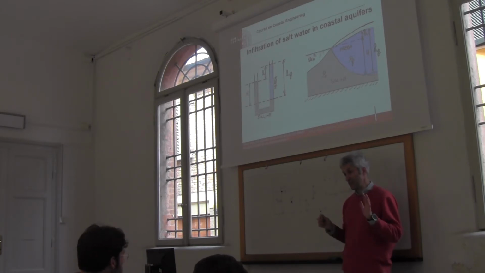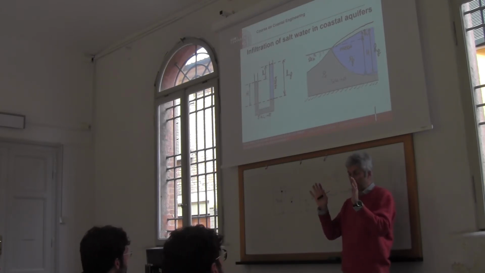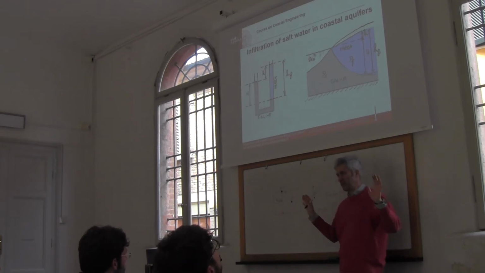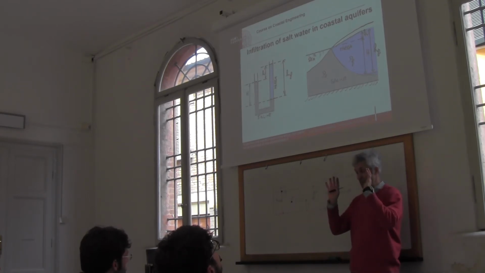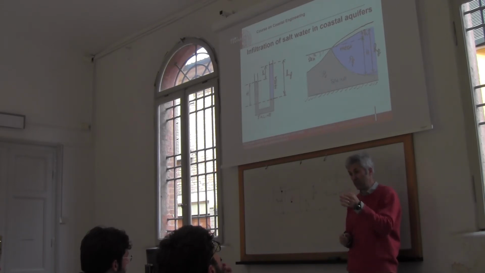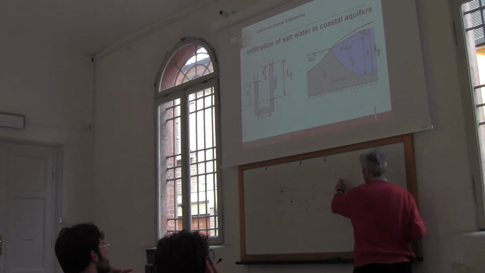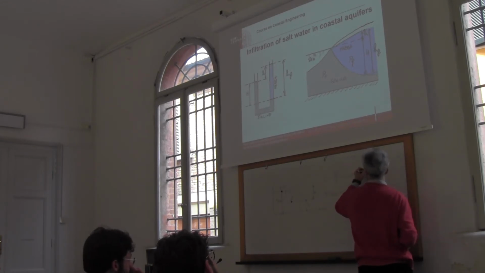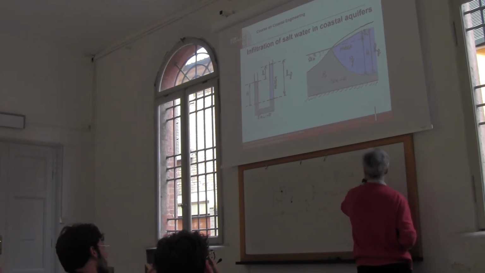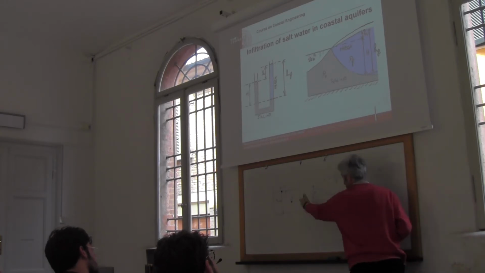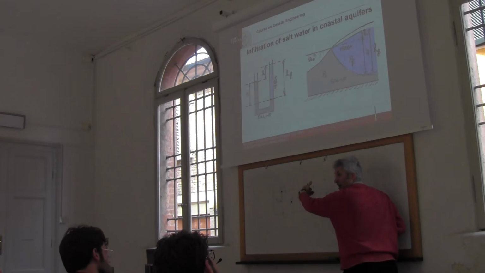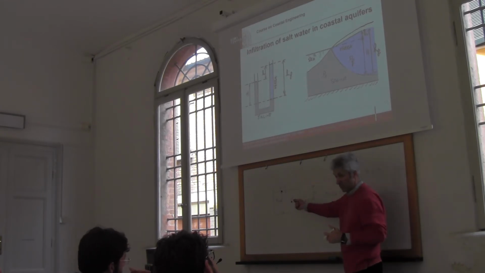But what matters is that in any case, apart from any convention, from any agreement on the reference level, you have to remember that the pressure on a fluid particle is given by the height of the water column above it divided by gamma. So basically, if you invert this, you obtain that P is equal to minus Z, but minus because it refers not to the height of the water column, but the elevation of the fluid particle.